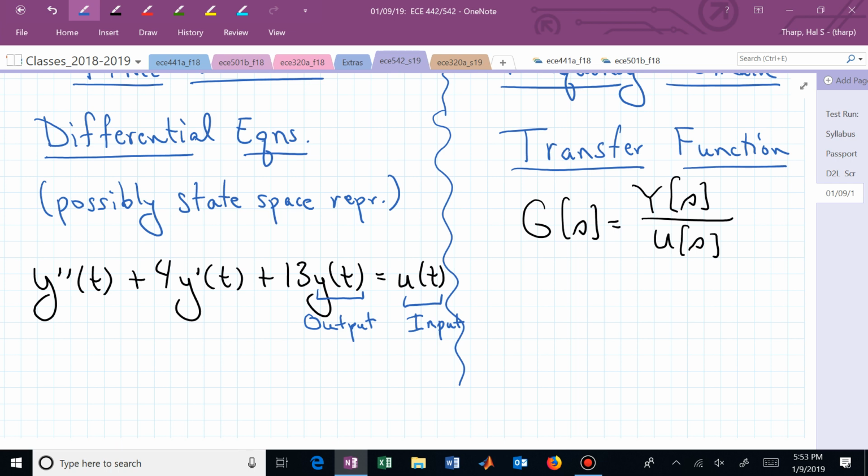Where do we want it? I'm being a little bit silly, but there are 2 places for it to be, right? Upstairs or downstairs in this transfer function. We have a second order polynomial since we have a second order system, and that will appear where in G of S? Downstairs.